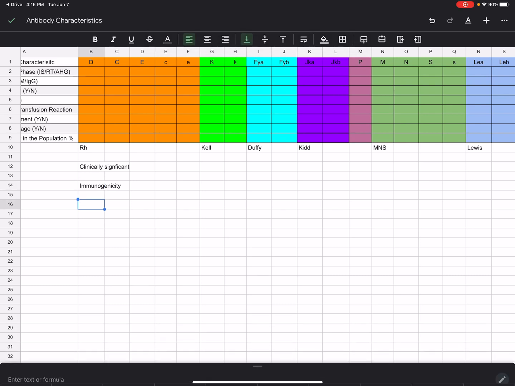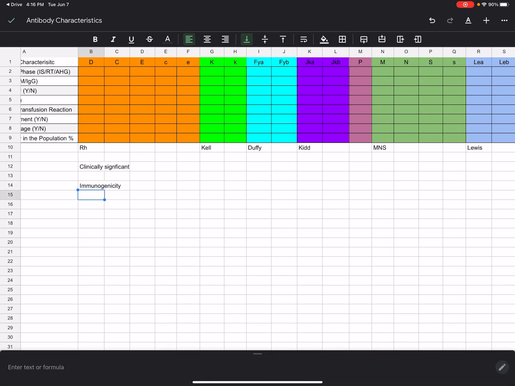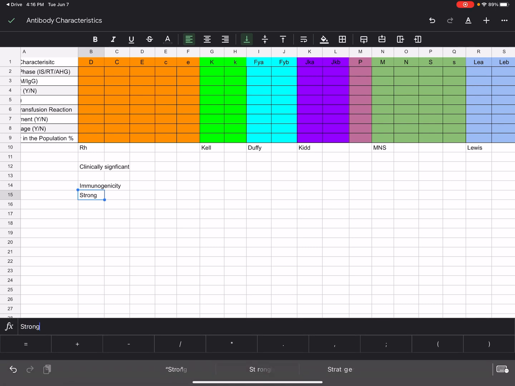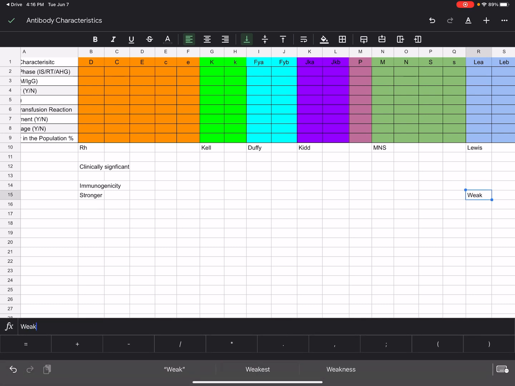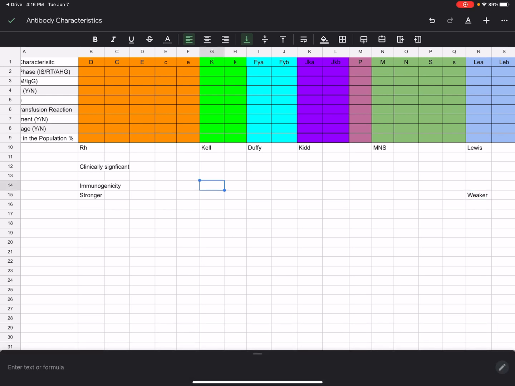So over here we've got stronger, all the way over here to weaker. Kell is right here. It has the power to elicit a strong immune response, more so than Duffy or Kidd or MNS. But that doesn't mean that the others won't do it.